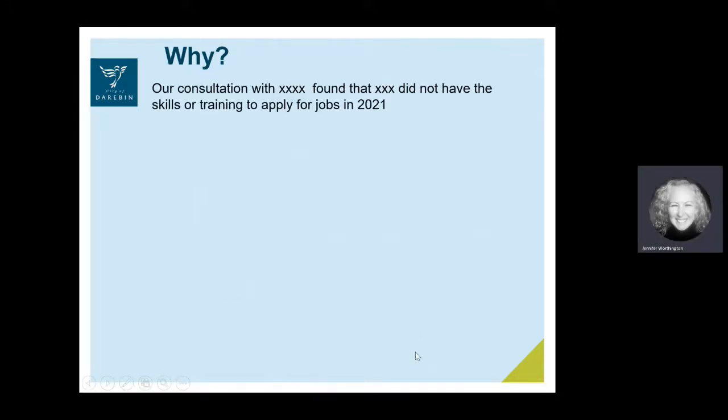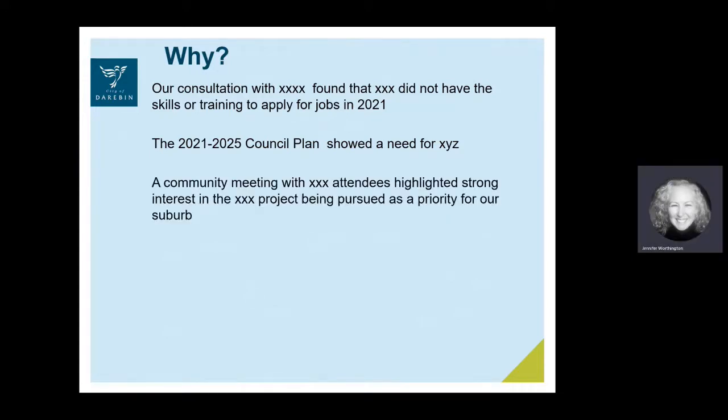So our consultation with X found that this group of people didn't have the skills or training to apply for jobs in 2021. The 2021-25 council plan showed a need for XYZ. A community meeting with X amount of people highlighted strong interest in the project to be pursued as a priority for our suburb.